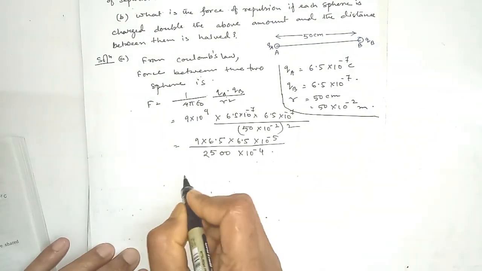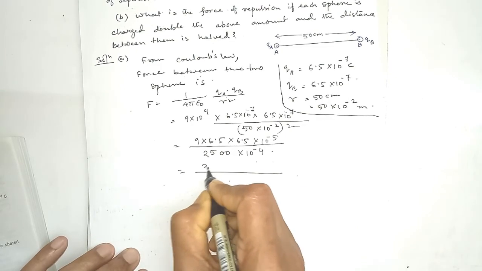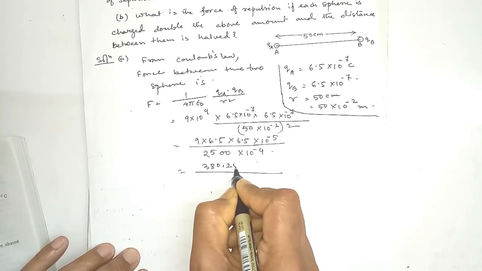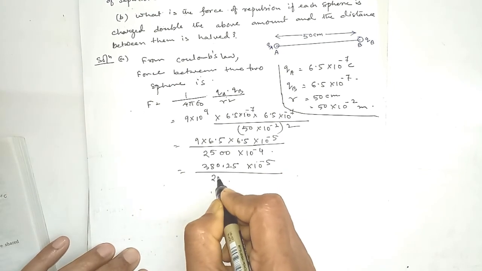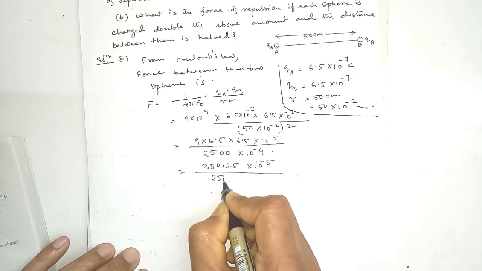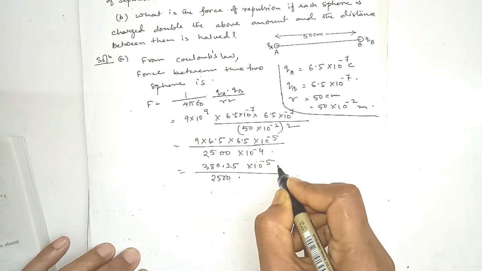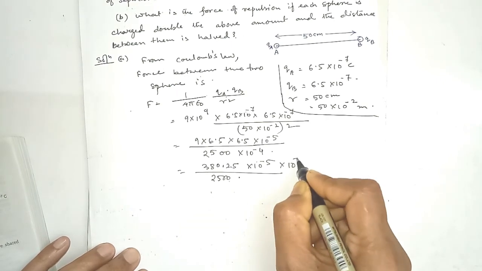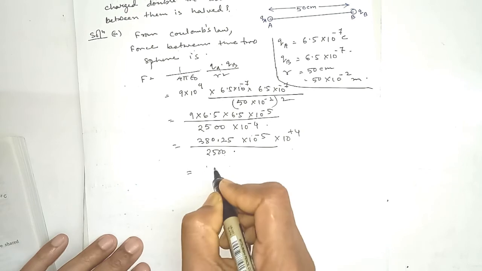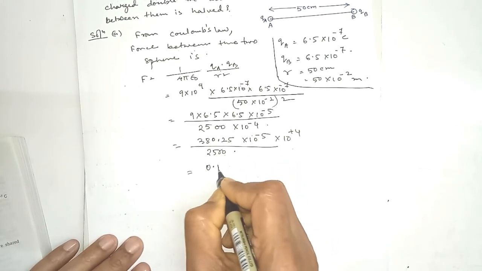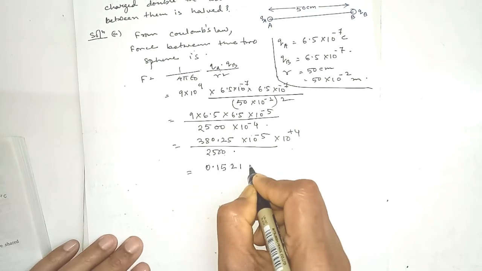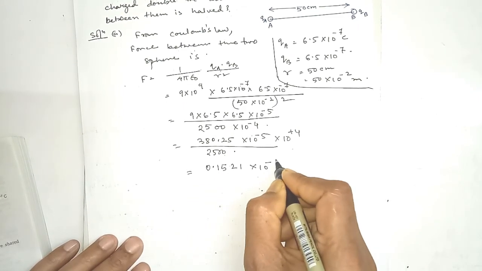Okay, so which is written as 380.25 into 10 to the power minus 5 by 2500 into 10 to the power plus 4. After calculating this, we got 0.1521 into 10 to the power minus 1.